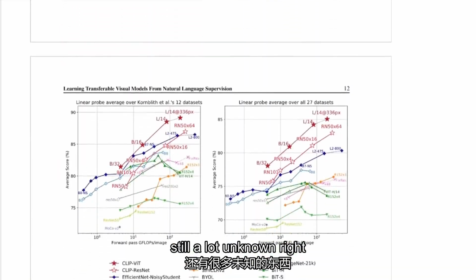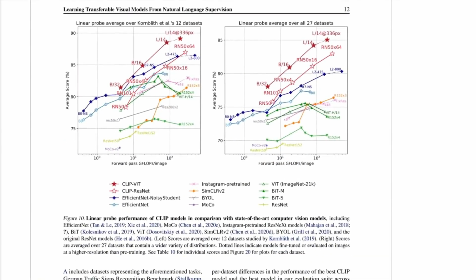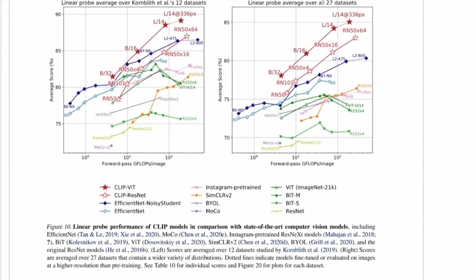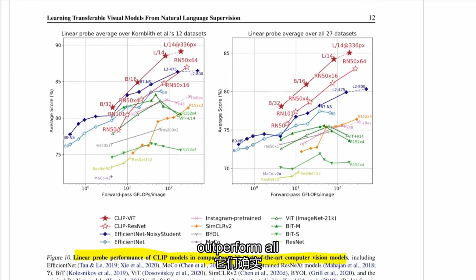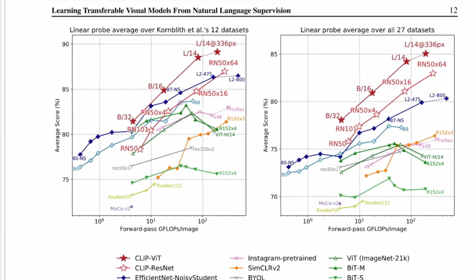There is still a lot unknown right here. They compare various other things like linear probe performance of CLIP models in comparison with state-of-the-art computer vision models, and they do outperform all of these other models, as you can see here.